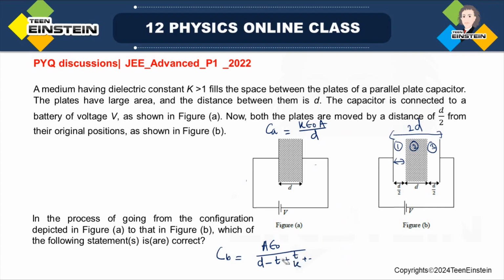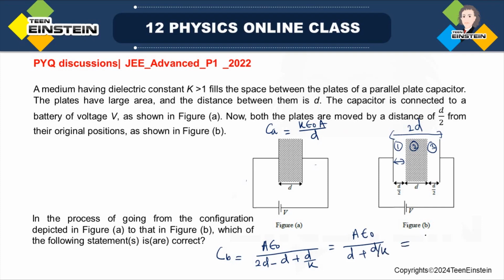For the given problem, I can write this as 2D minus D plus D by K. Now this is becoming A into epsilon naught, over D plus D by K, right?